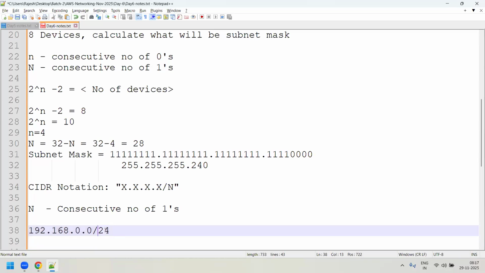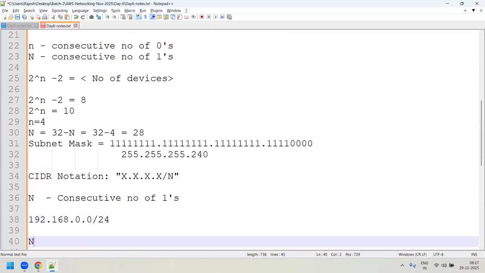Here, this value 24 is capital N, nothing but the consecutive ones. Correct, guys? If 24 is the consecutive ones, what would be your small n? 8. Yeah, 8.